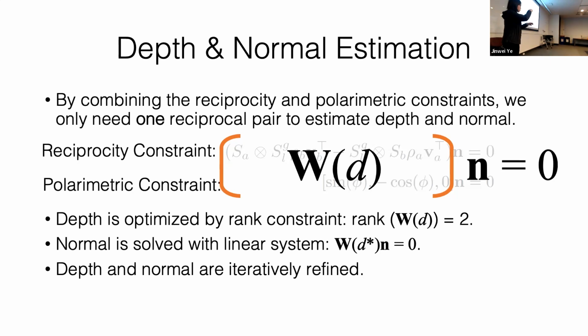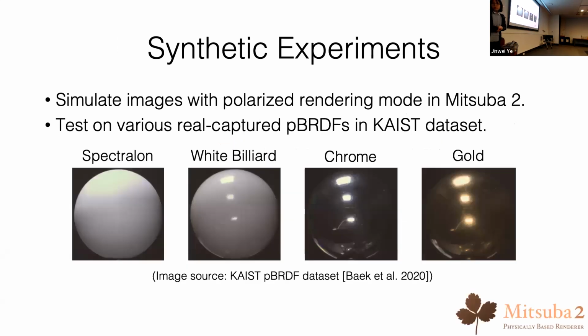If you want to know the direction, you actually need to know the depth. So the depth is a variable that is embedded in the direction. That's the iterative optimization we're solving.